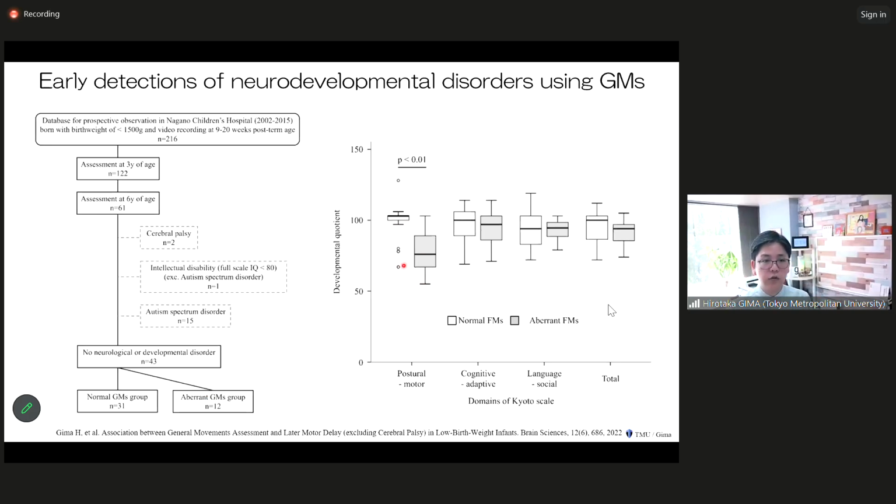The result shows that the postural and motor development score at the age of 3 years was significantly lower in children who had qualitative abnormalities in their fidgety movements.